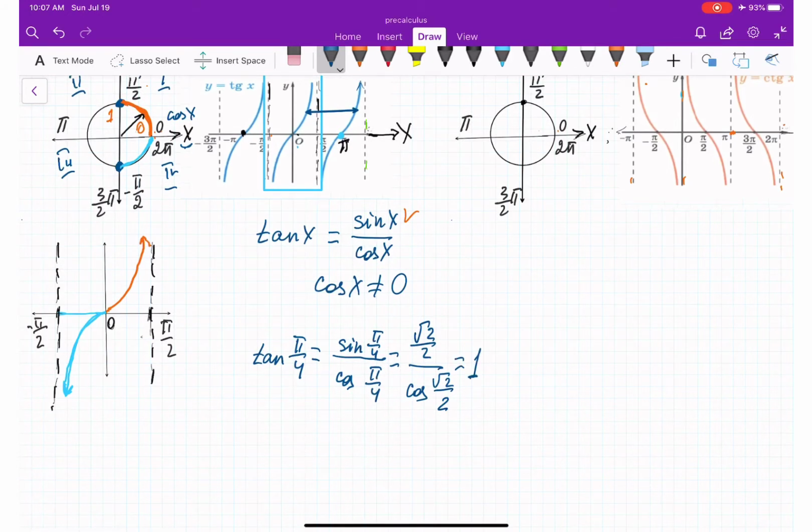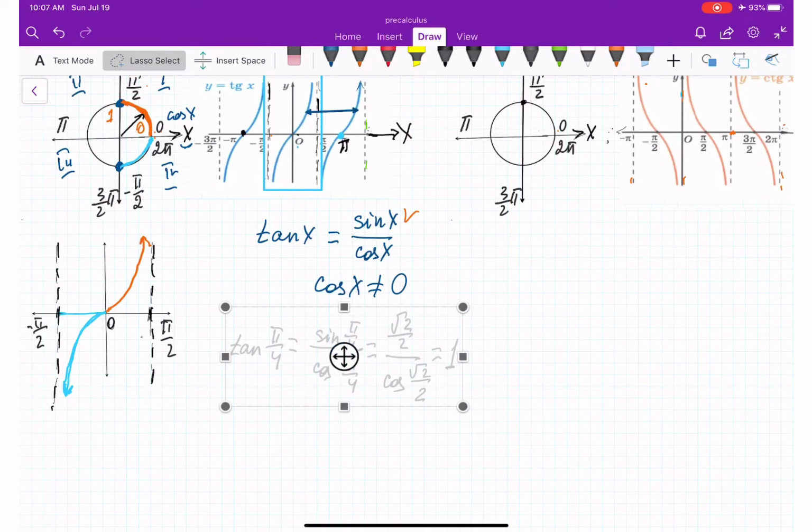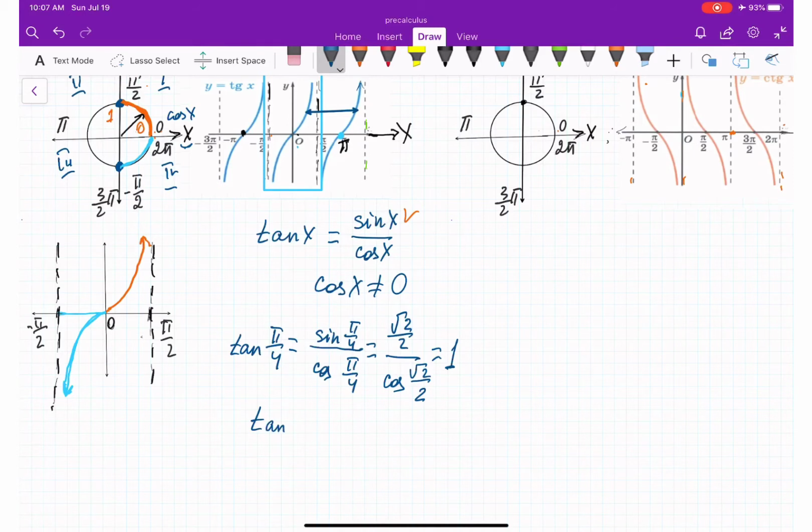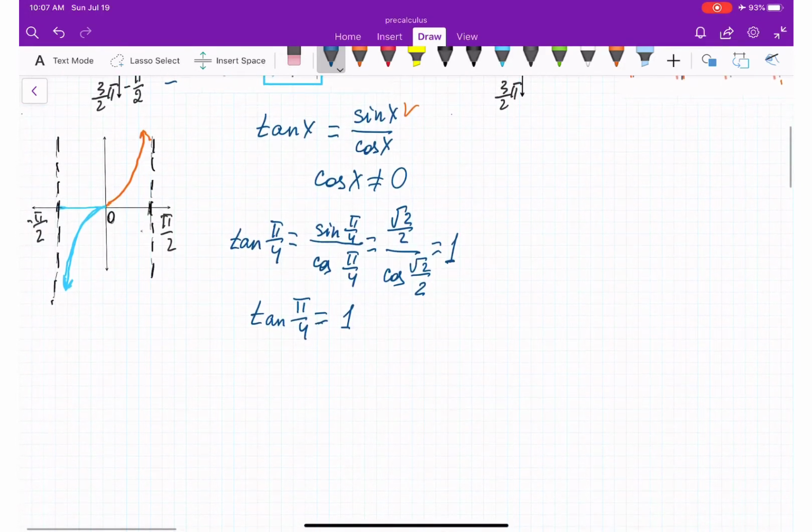Okay, now let's take tangent of negative pi. Actually, let me write down tangent of pi over 4 is equal to 1. Okay, now let's do tangent of negative pi over 4.